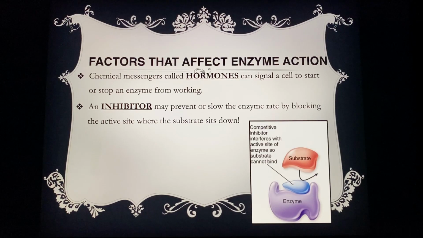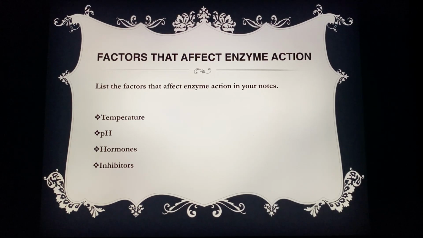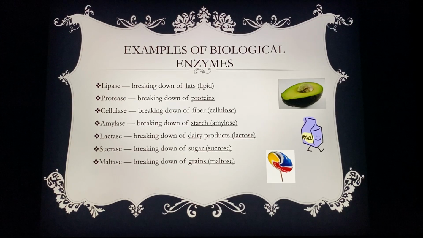An inhibitor can sneak in there and shut things down, so there won't be any breaking down going on. Just to remember, the things that affect enzyme action: temperature, pH, hormones, and inhibitors.